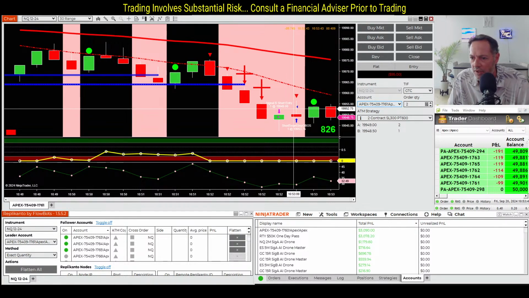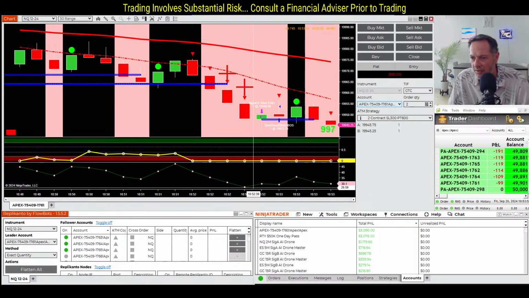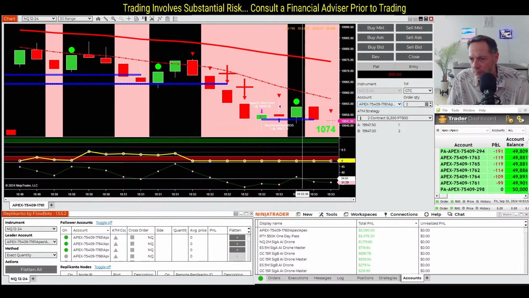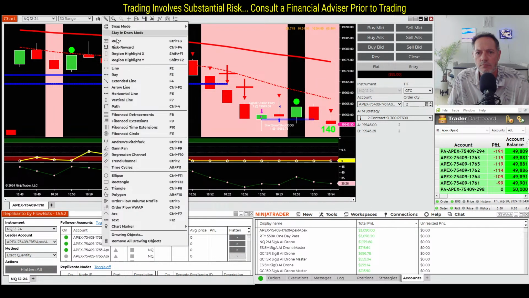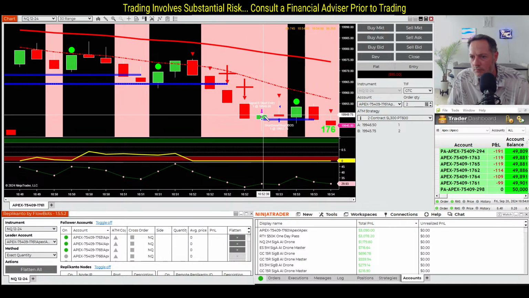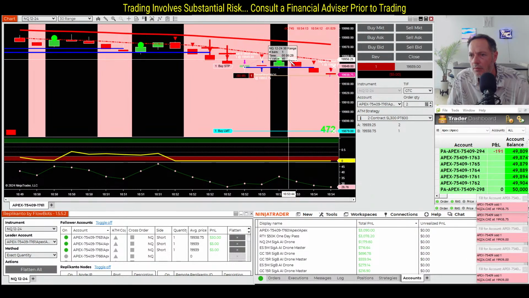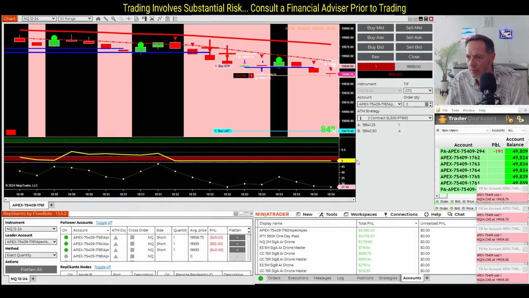Okay, so signal B took the entry and we exited on overbought or oversold. That's a smart exit that I have engaged on this one. We're in again.